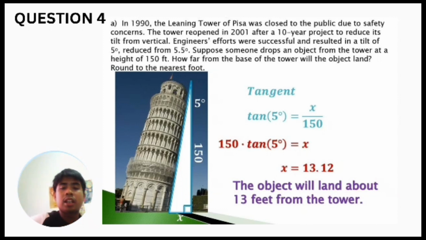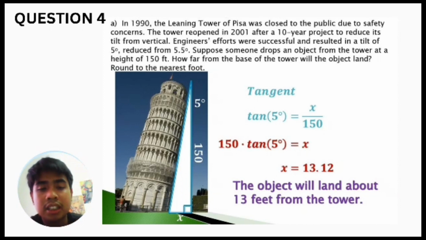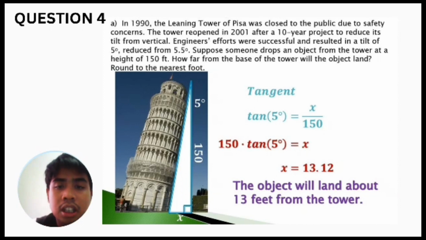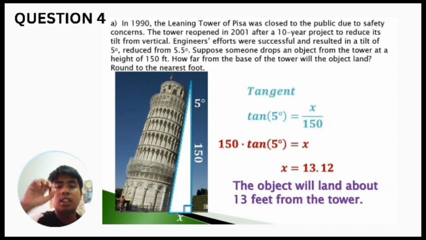Now let's look at the picture. We can see that the Leaning Tower of Pisa is actually not straight, but leaning a bit. So we can assume that the leaning part is the hypotenuse, because now we have an object dropped from 150 feet.